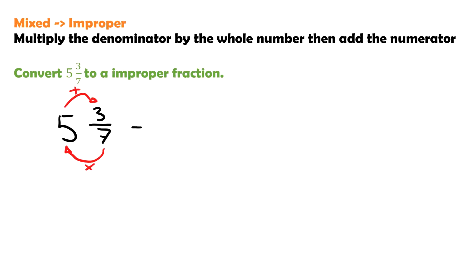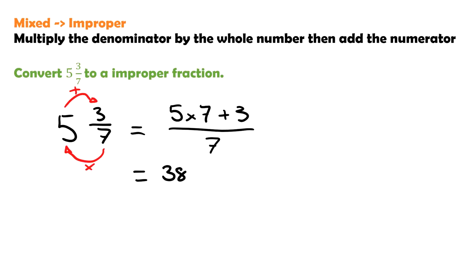So this gets me 5 times my 7 and then plus 3, and that's still all over 7, so the denominator stays the same. That gets me 38 over 7. Let me change some of these colors and then I'll show you what's happened. This part is our red, and up here in blue is our back part. We do the red first, 5 times 7, and then plus our numerator.